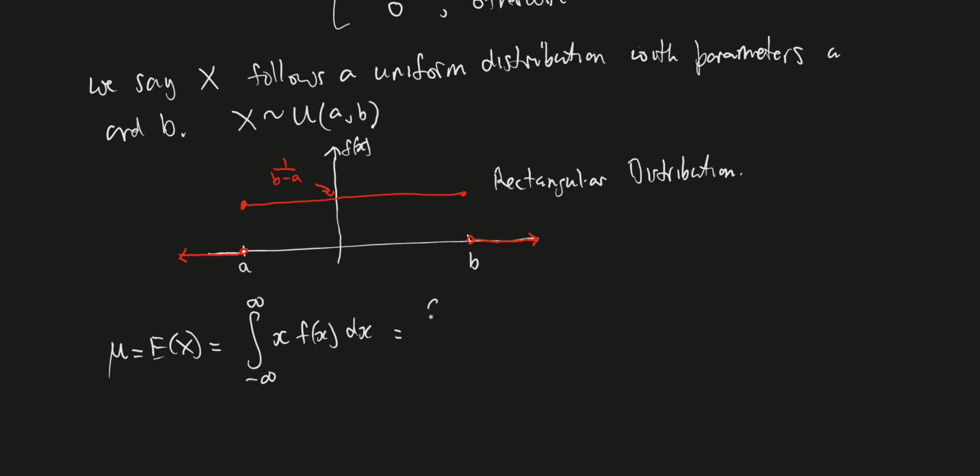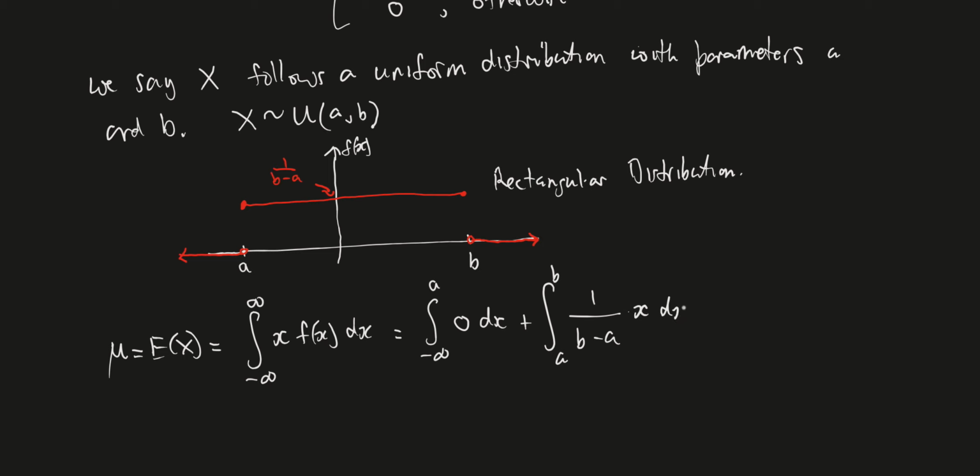So in other words, if I do the integral from negative infinity to a, over this interval the PDF has a value of 0. So that will be 0 dx. And then from a to b, the PDF has a value of 1 over b minus a. And then I have to multiply this by x, right?